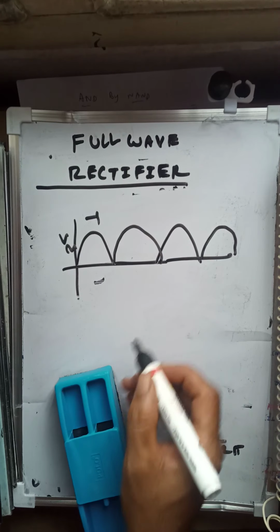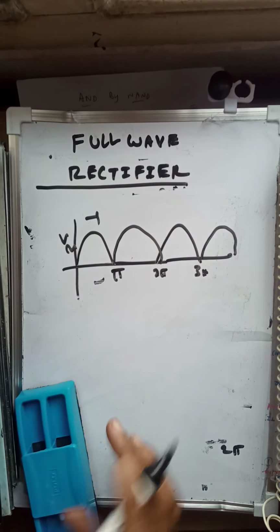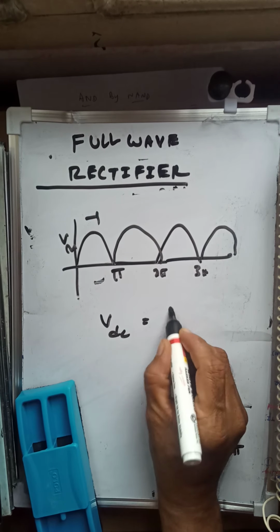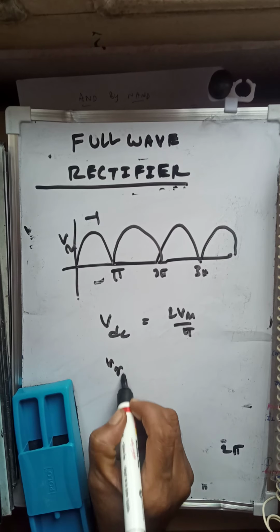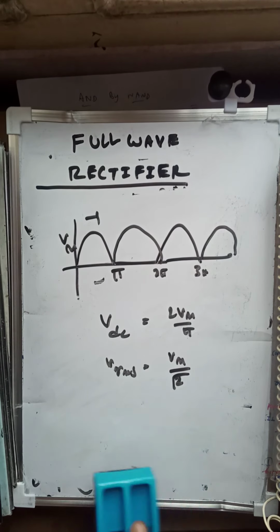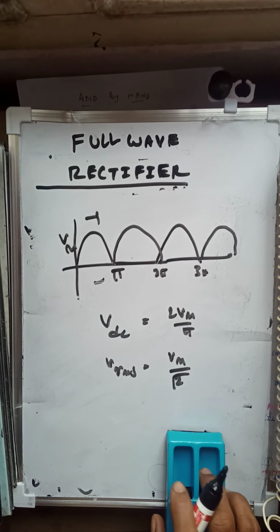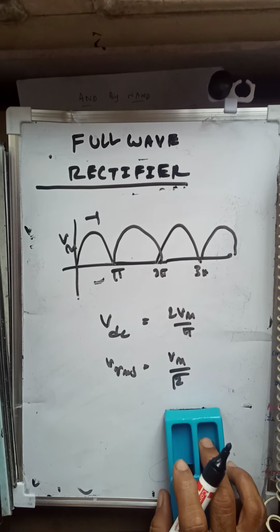Thus it is pi, 2 pi, 3 pi. Thus the average DC value is now 2 Vm by pi, and the RMS value is Vm by root 2. So we calculate different parameters through which we can identify how far the rectifier is converting into DC.